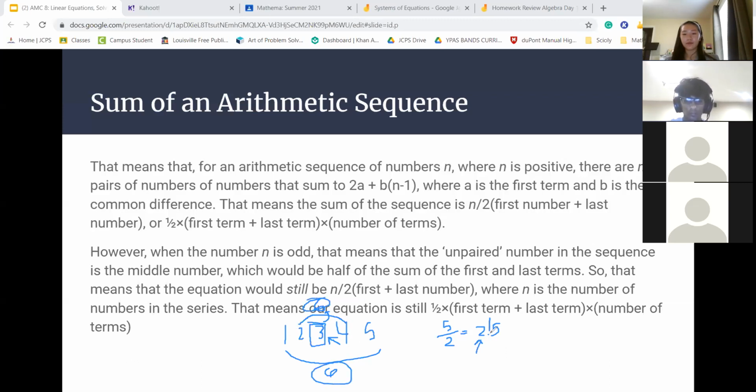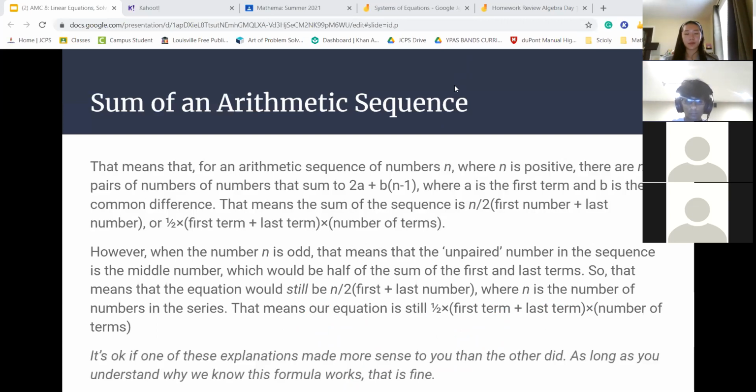And then this 0.5 accounts for our lonely 3 in the middle. So everything would still be accounted for, even if there's an odd number of terms, or if there's an even number of terms, it obviously works. So you just have to use the same equation, and it would work every time.